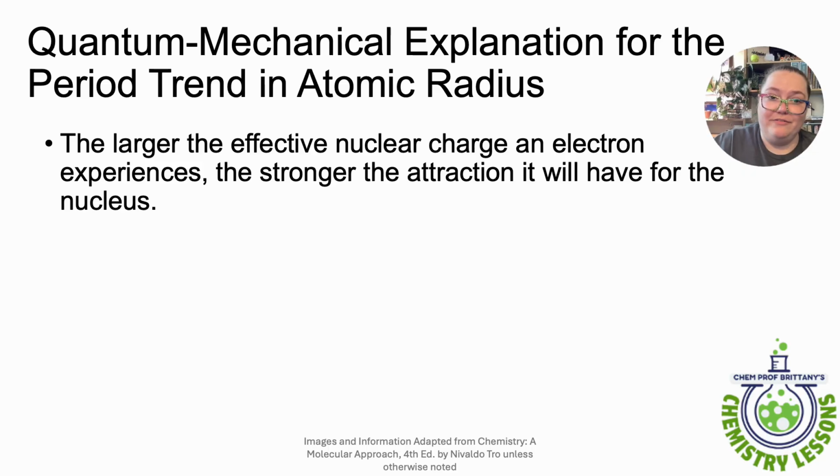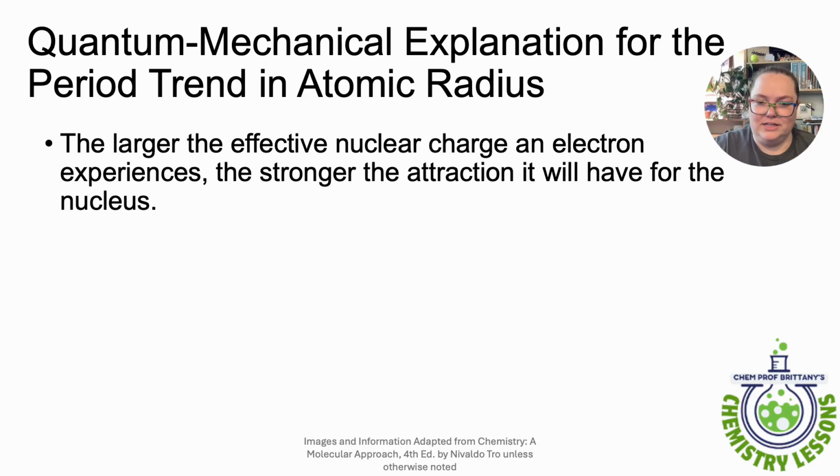The larger effective nuclear charge an electron experiences, the stronger that attraction is. That's what I explained about additional protons and additional electrons, right? The more the effective nuclear charge, the stronger the attraction it has for the nucleus. Also, a key point on that is the larger that effective nuclear charge, as we go across a row, I'm not gaining any more core electrons.